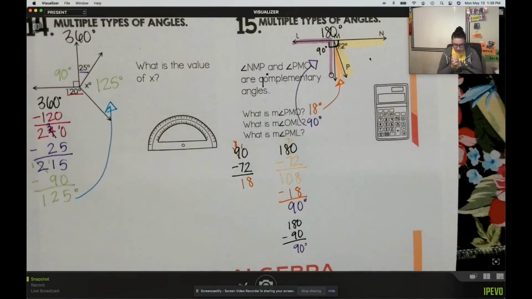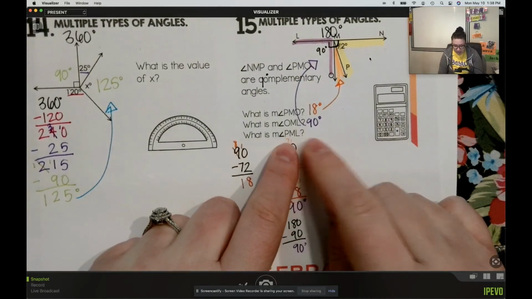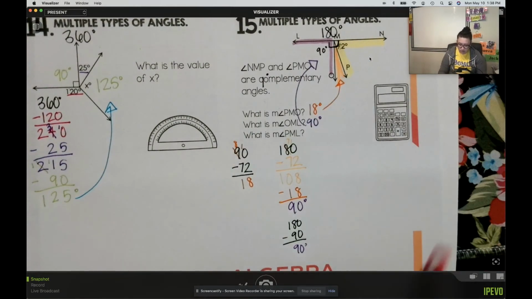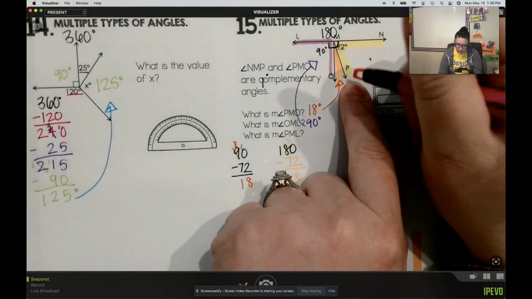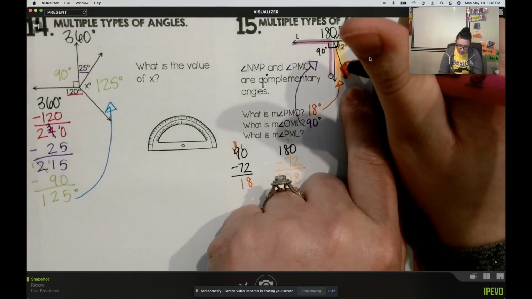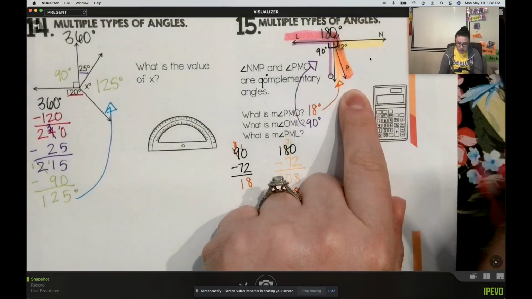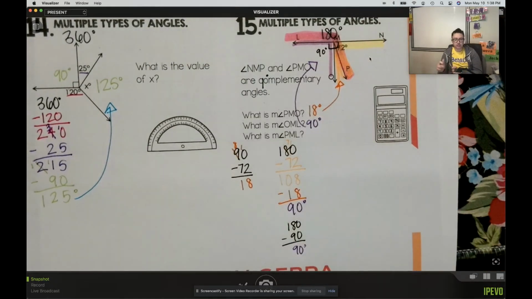And now for this last part, it says, what is PML? So that means I'm starting up here for P, going down into M, and coming out here for L. Go ahead, pause the video, try that one on your own.